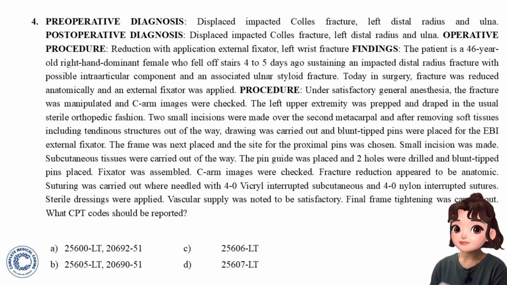If in the question they have asked for the diagnosis, you have to mark the diagnosis code of the post-operative diagnosis, which is the confirmed diagnosis. Anyway, here it is the same as the pre-operative diagnosis. Displaced impacted Colles fracture, that is the diagnosis here, for the left distal radius and ulna.